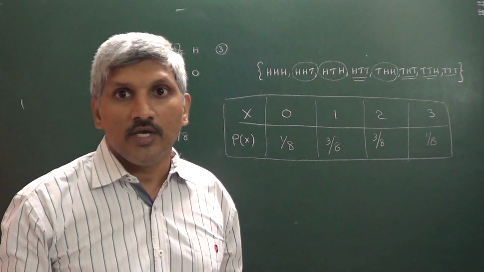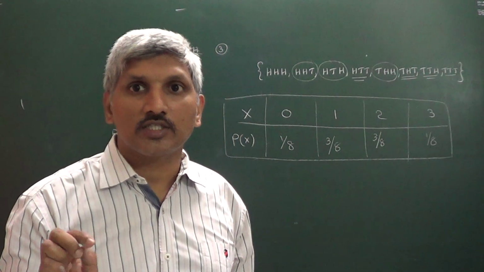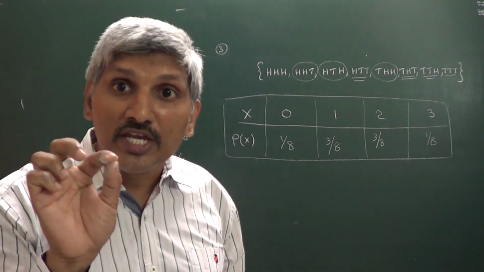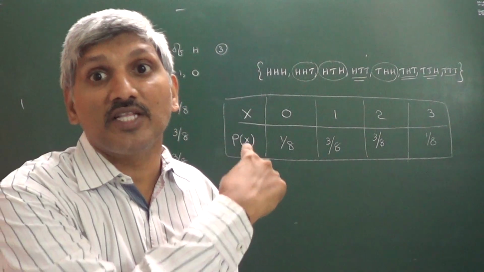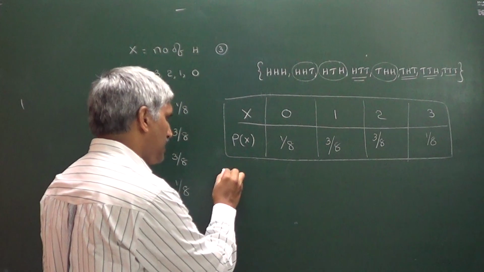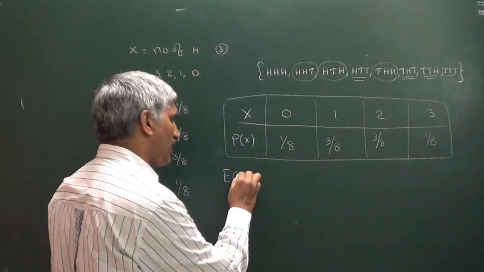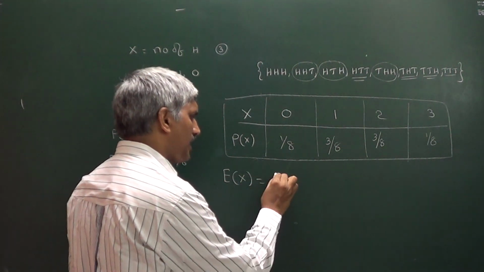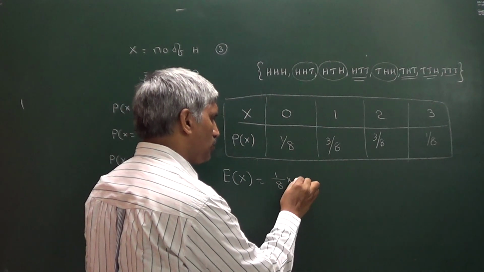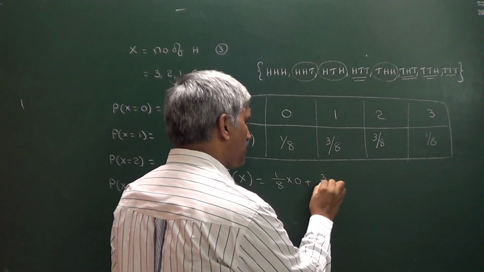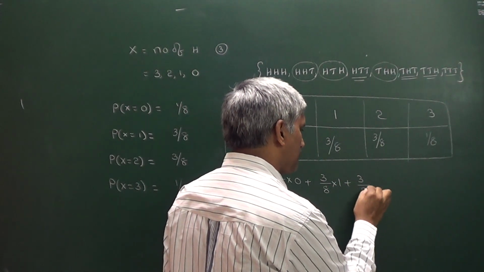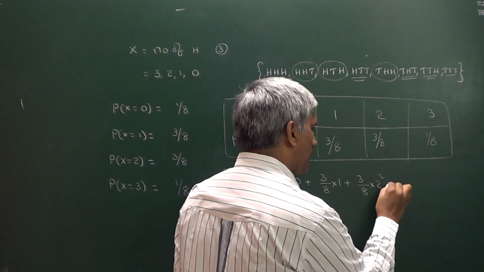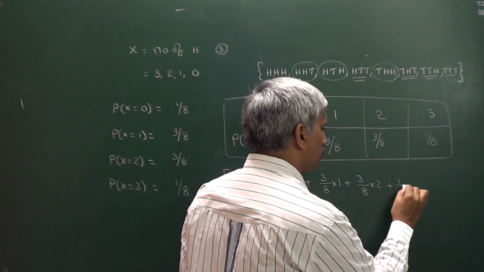There ends the matter. Suppose in the same problem he is asking, find the mean of the random variable x. Then what to do? Mean is nothing but expectation of x. That is given by 1 by 8 into 0 plus 3 by 8 into 1 plus 3 by 8 into 2 plus 1 by 8 into 3.